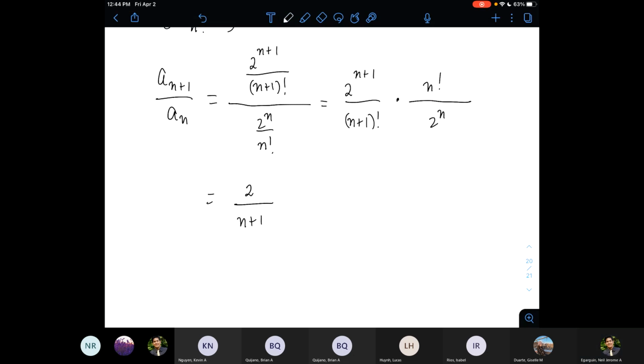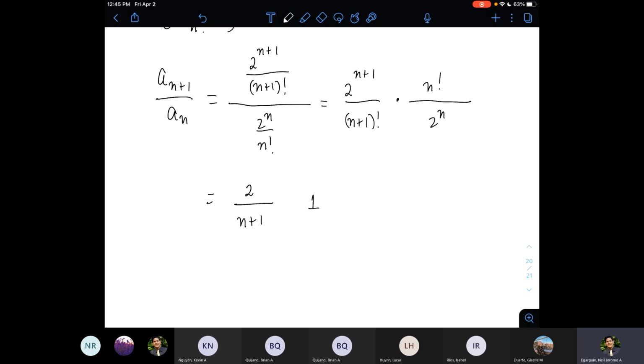All right. And then what can we say about this? Is it greater than 1 or less than 1 all of the time, or are there some times that it is less than 1 and sometimes greater than 1? So what I'm trying to do here is to compare it with 1.